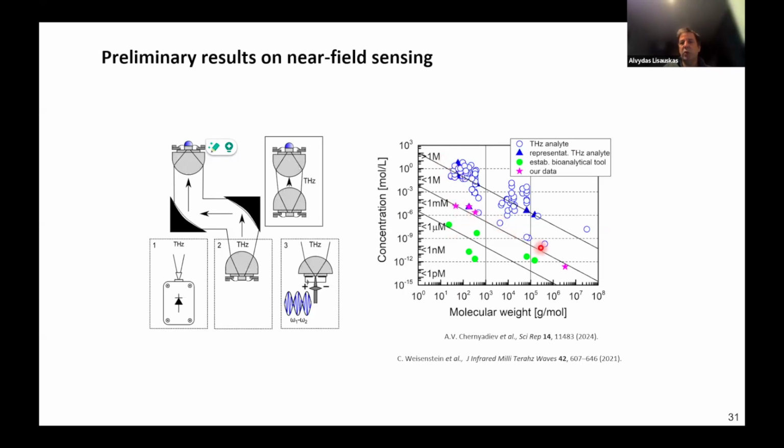Actually, those points are also near field measurements now. Then one can load the sensor or detector with some bio sample there. One can improve sensitivities to the top edge of what has been achieved by other groups using very commercial tools, or well-developed metasurface tools as well.